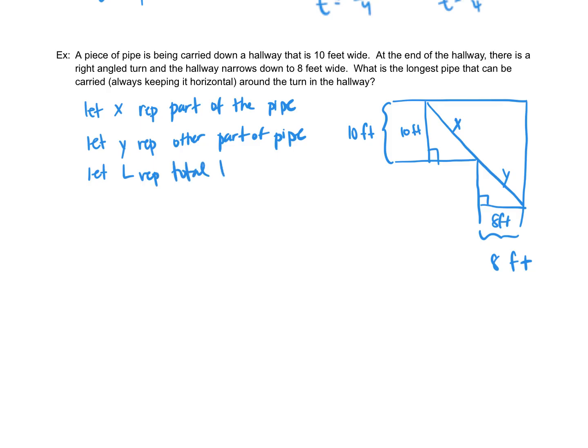Let x represent the first part of the pipe, our diagram is showing that, let y represent the other part of the pipe, and let L represent total length. So as of right now, what we have is length equals x plus y. I can't take the derivative of this to optimize it, okay?